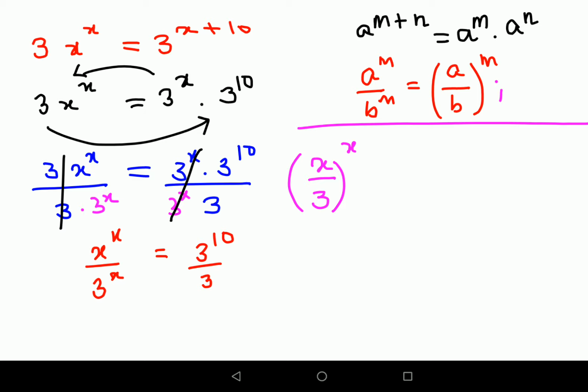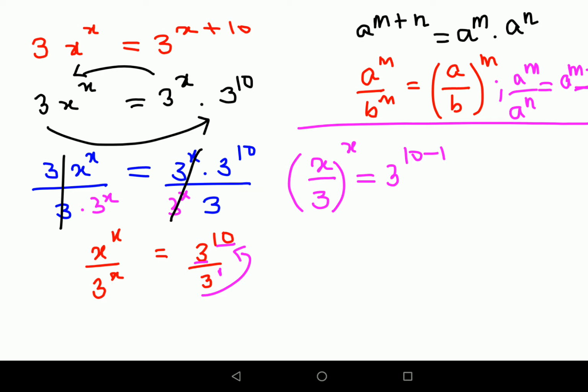Similarly, if you had a raised to m upon a raised to n, then we would do a raised to m minus n, sorry, my bad. So here, if you look at your RHS, you have 3 raised to 10, and here you have 3 raised to nothing, meaning 3 raised to 1. Like I said, I can subtract the indices like I did over here.